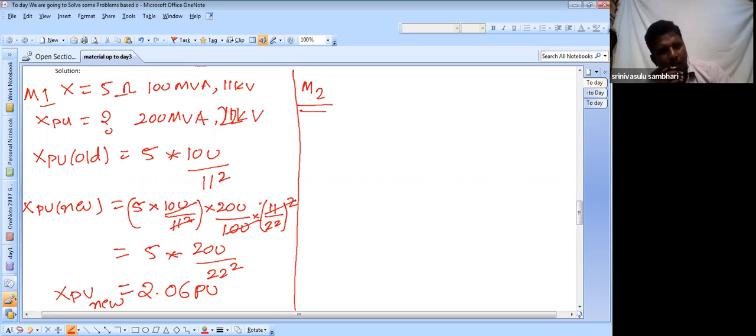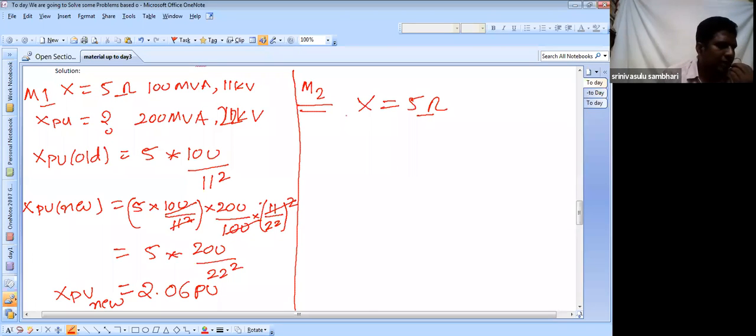Here also, the actual value is X equal to 5 ohms. Actual value does not change. But per unit values always change based on your chosen base values. Are you getting my point?